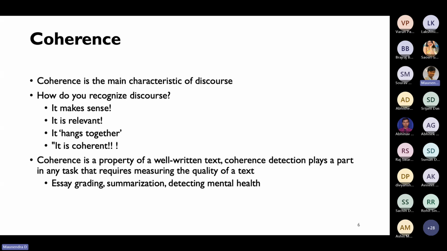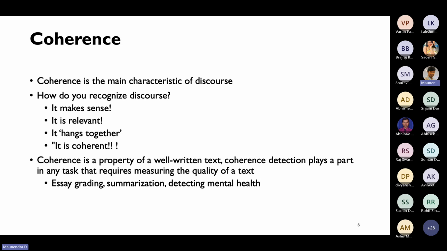Then detecting mental health. In many cases where people face mental issues and are not able to do certain things, counselors often ask them to write a diary, write essays and so on. Then when they look at what the person has written, one thing they try to see is, is it coherent? Are they able to think in a coherent manner?